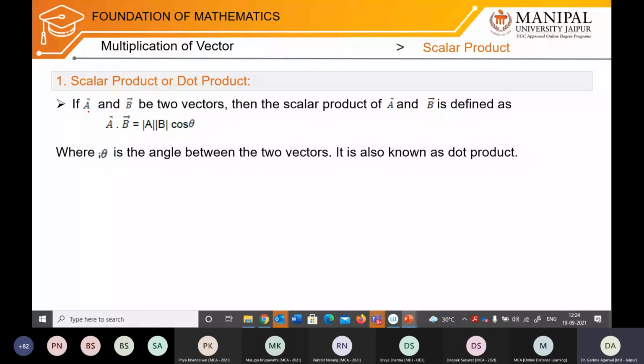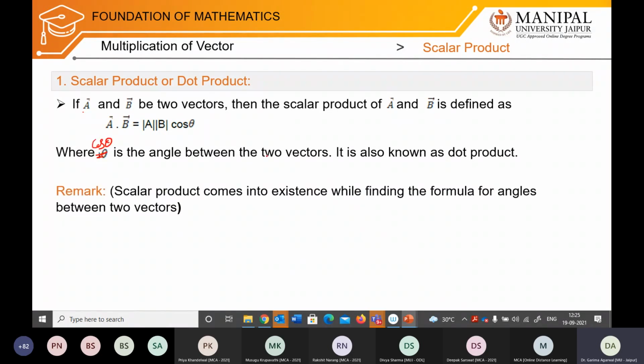First of all, if A and B are two vectors, then the scalar product of A and B is defined by A dot B, that is magnitude of A, magnitude of B, cos theta, where theta is the angle between the two vectors, and it is known as the dot product, right?